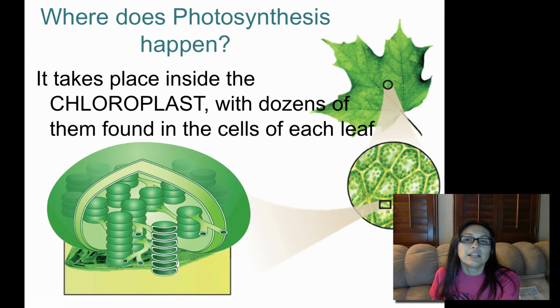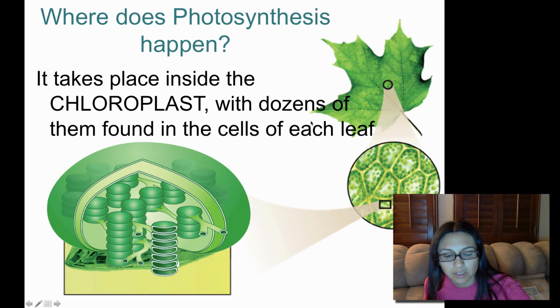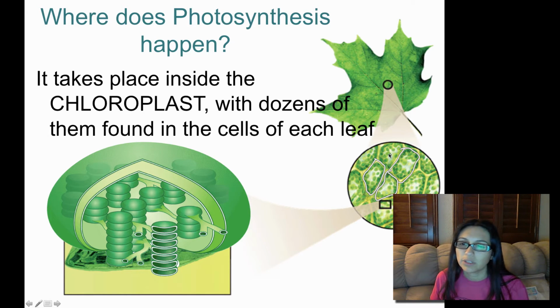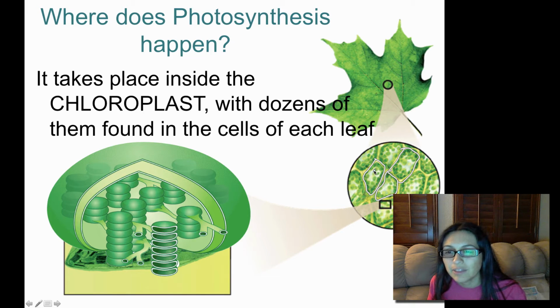All right, taking a look at where photosynthesis happens. So if you were to take a look at a leaf and you were to zoom in, you'd see all the different cells here. So this is one cell, here's another cell, and there's another cell there. Each one of these that you see here is a cell, and then these little green structures inside of each cell, those are the chloroplasts.